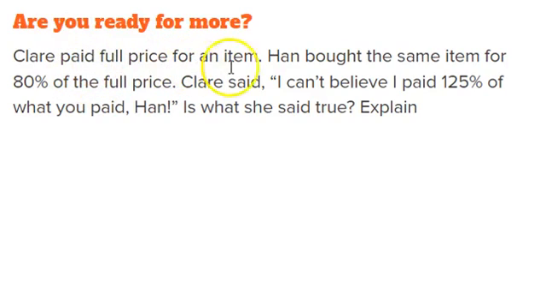Claire paid full price for an item. Han bought the same item for 80% of the full price. Claire said, "I can't believe I paid 125% of what you paid, Han." True? Okay, well, if Han paid 80%, that's 80 out of 100, right?